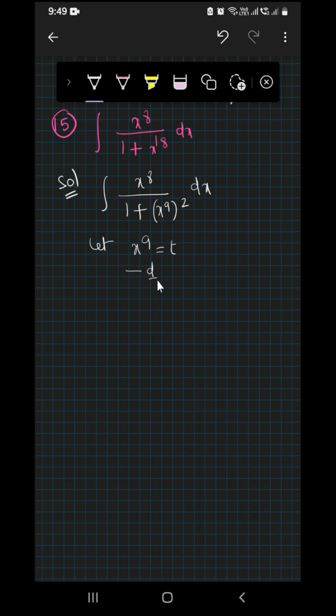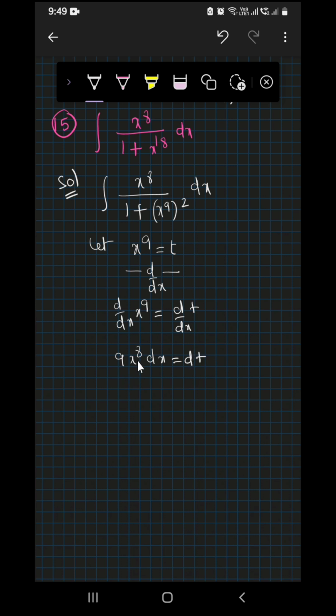Now differentiate on both sides with respect to x. We get d by dx of x power 9 is equal to d by dx of t. D by dx of x power 9 is 9 into x power 8, so 9 x power 8 dx is equal to dt.